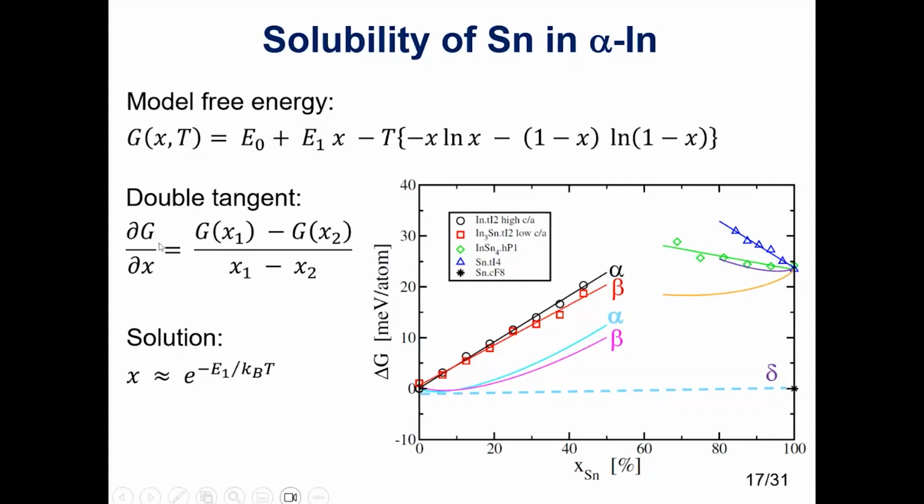Okay, so this is the equation that says the slope at the point of tangency, x, should be equal to the slope of this dashed line. And solving this equation tells us that the solubility limit is approximately e to the minus slope over kT. Okay, so that predicts at 100 K a very small solubility of tin.